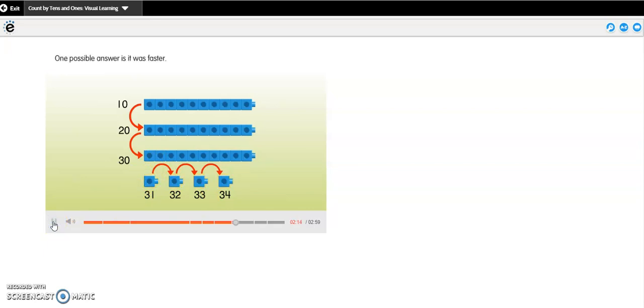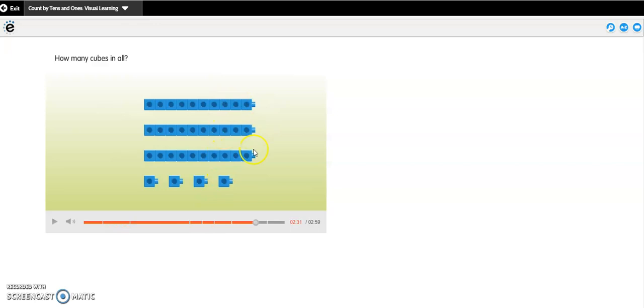One possible answer is it was faster. Why is grouping and counting by tens a faster way to count? One possible answer is there are fewer groups to count. How many cubes in all? Okay, so let's count again.